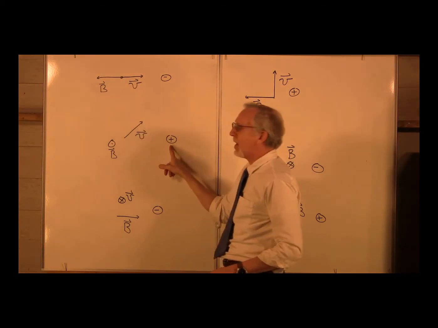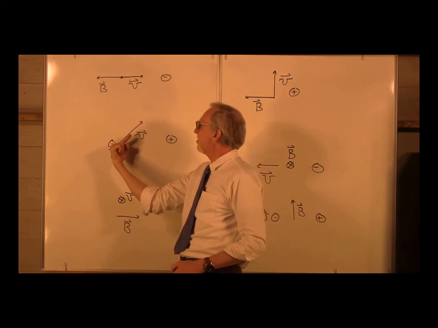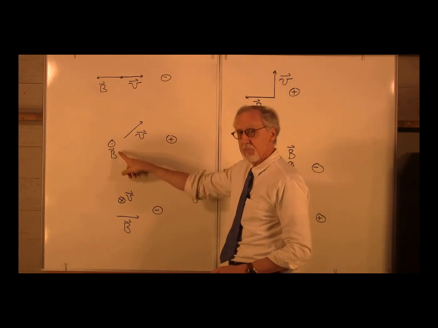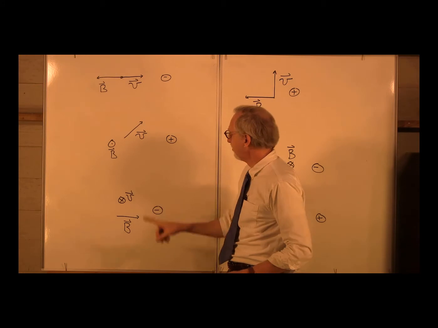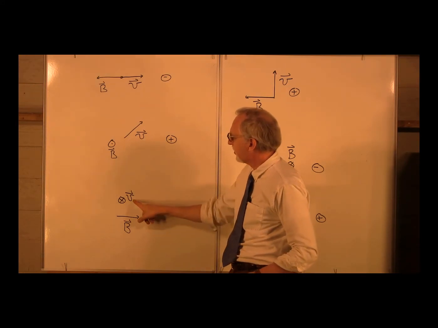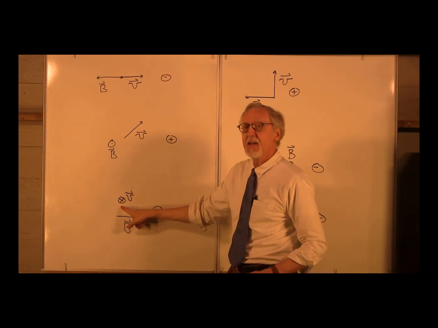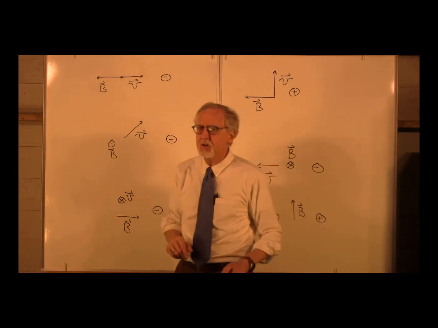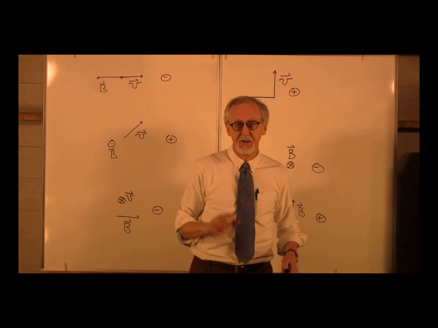This one, positive charge, velocity that way, magnetic field out of the board. This one, a negative charge, velocity, what direction is that? Into the board, magnetic field that way. All right, you give those a try and see if you get the same result that I do.